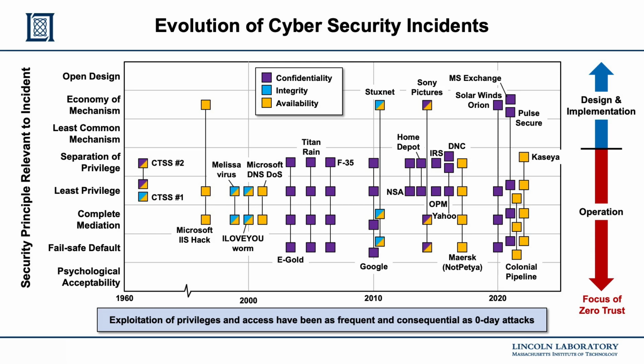But what we also noticed in the course of this study was that while a number of these incidents have zero-day vulnerabilities associated with them, and those are towards the top of this plot, the vast majority actually are due to the exploitation of these operational security principles.